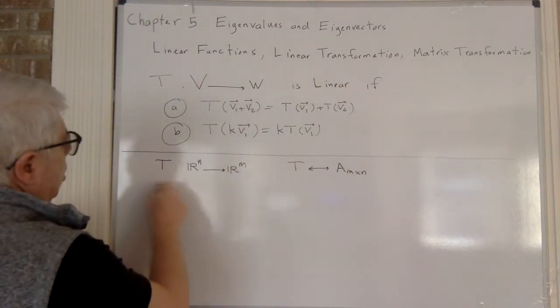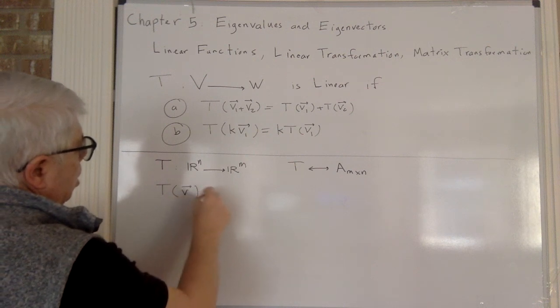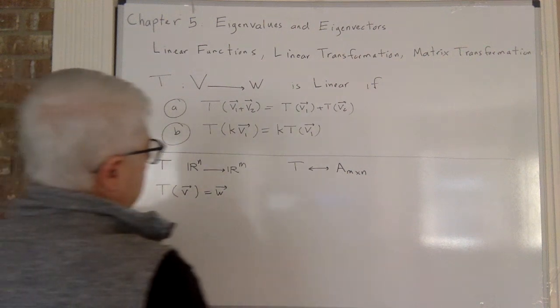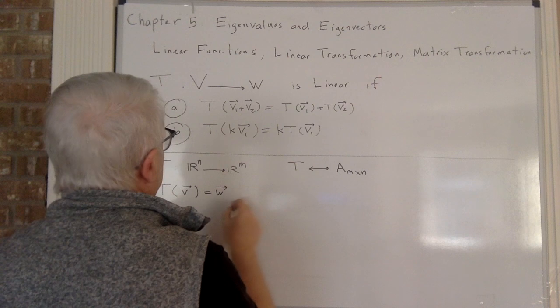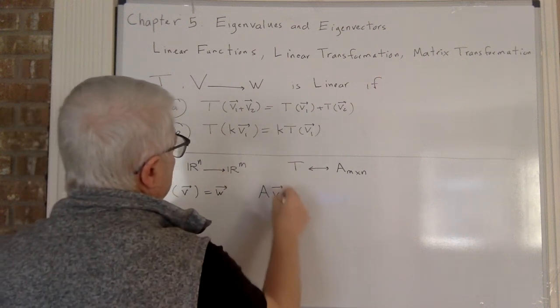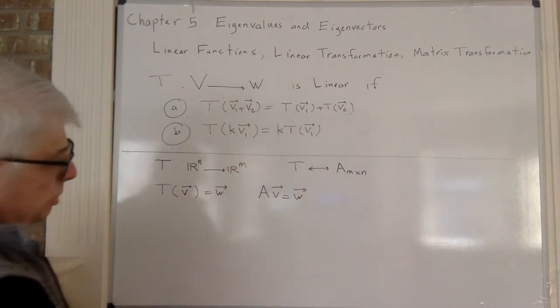So T of a vector here is a vector here, and that is in fact equivalent to writing A V equals W, right?